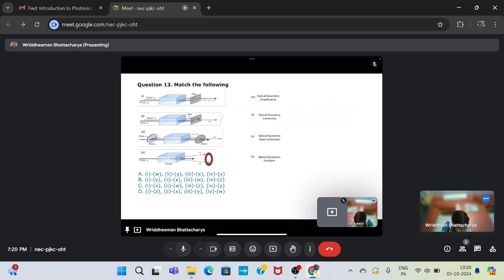So this one will be optical frequency conversion, 2 will be optical parametric oscillation, 3 will be optical parametric oscillator, and 4 will be optical parametric down conversion.